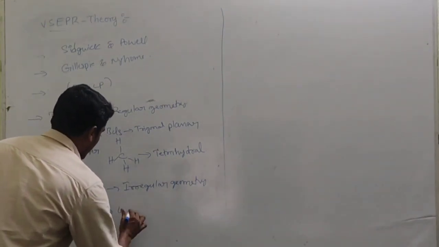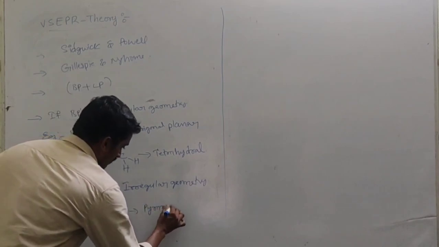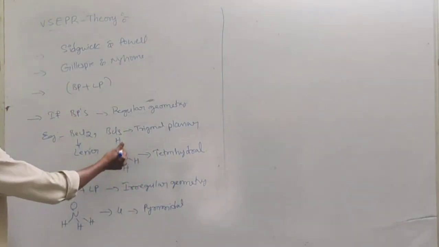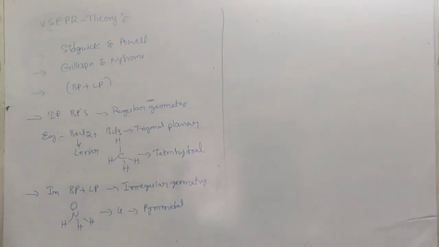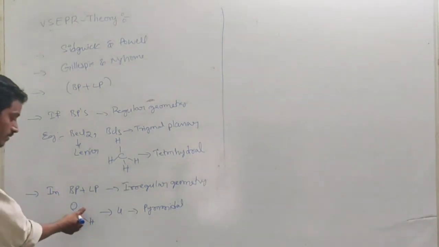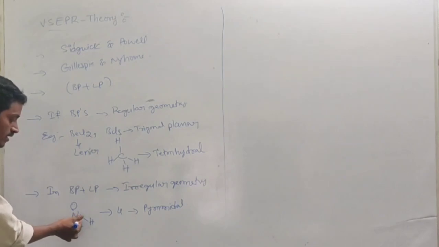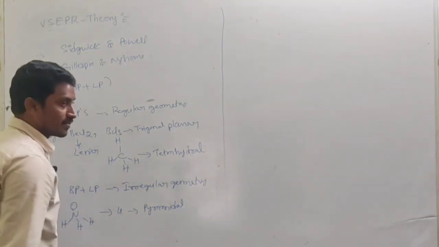With 4 pairs of electrons, it has pyramidal geometry. In the same way, with 4 pairs of electrons, methane possesses tetrahedral geometry. Ammonia also has 4 pairs of electrons, but 3 are bond pairs and 1 is a lone pair. Because of the presence of the lone pair, it possesses pyramidal geometry.